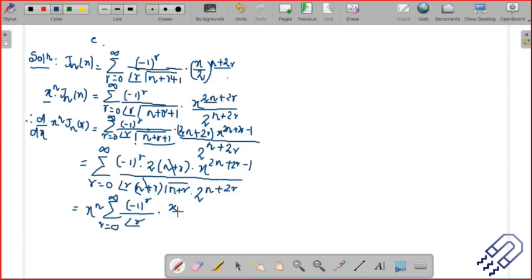I've taken x to the power n out, so I'll just write it down as n minus 1 plus 2r. I hope you understand this.